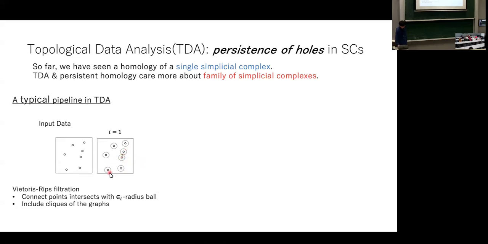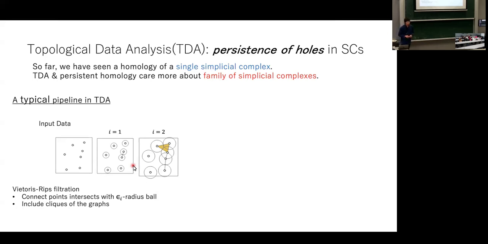By connecting these, you obtain a graph, and you include the cliques of this graph. Sorry, how do you pick the epsilon? You can just choose. This is a parameter that you can choose. Somehow you can just increase the radius of the balls.